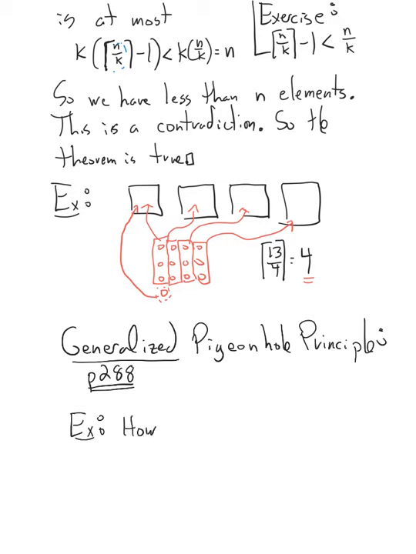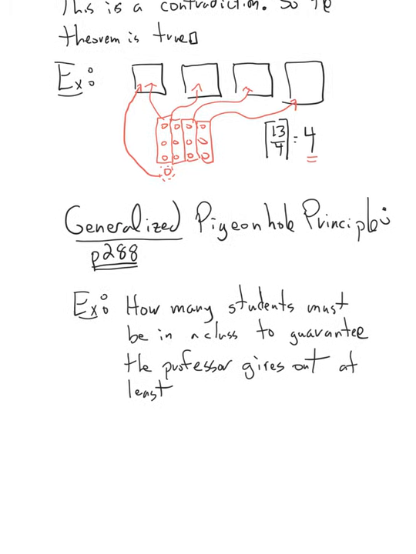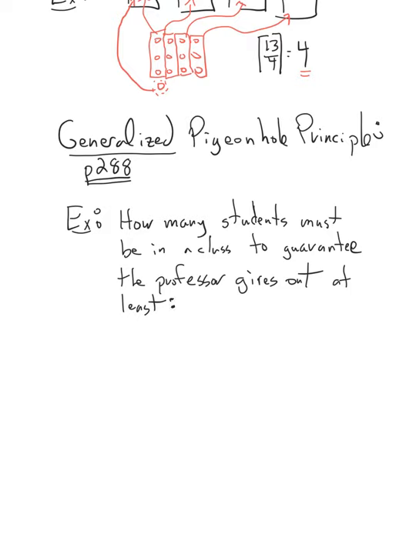So we could ask the question, how many students must be in a class to guarantee the professor gives out at least 10 A's, 25 B's, 25 C's, or 10 D's.